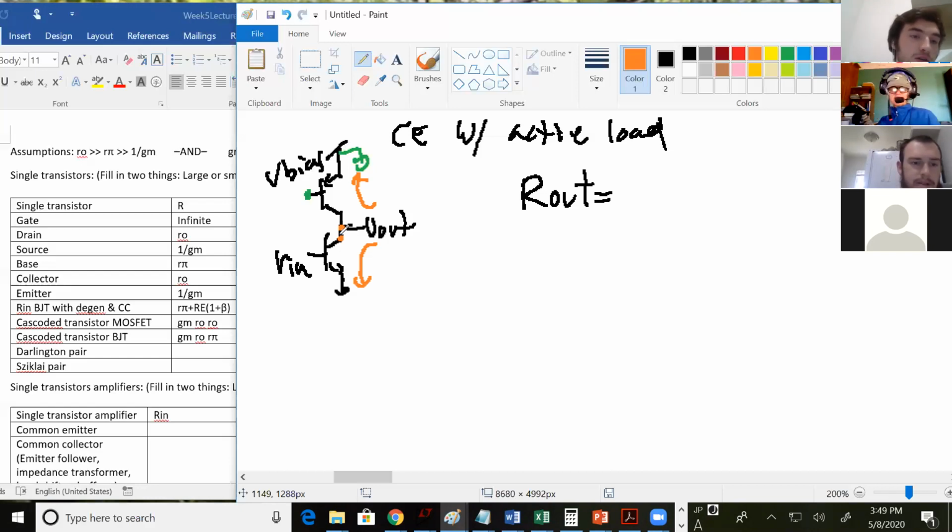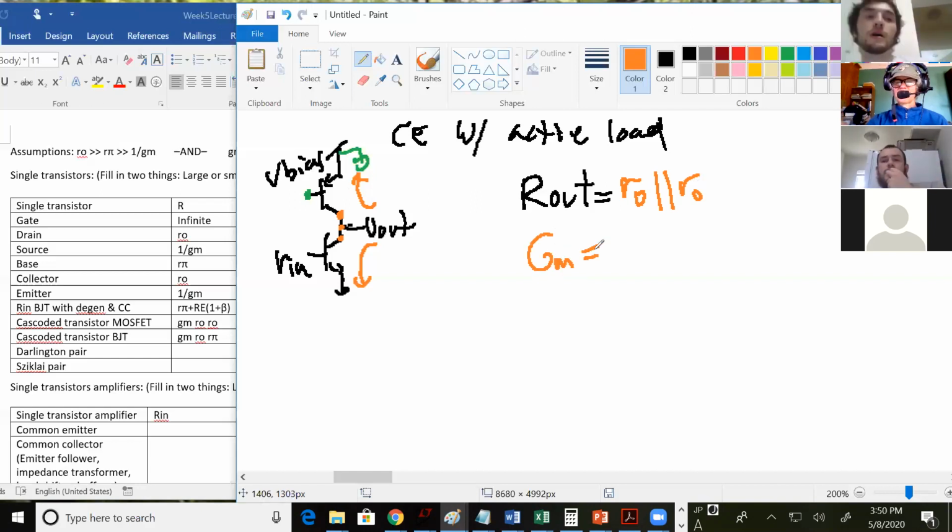Collector. Okay. And then for the collector, what resistance do you see if you look into a collector? ro. And that's in parallel with the other path to ground. If you go up, what terminal do you hit? A collector. And what's the resistance? ro. And you're done. Still have to find gm. What's gm?